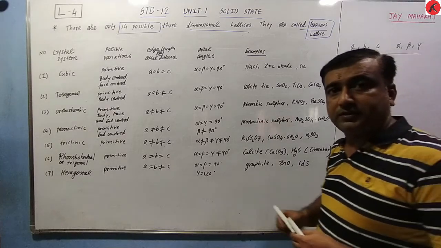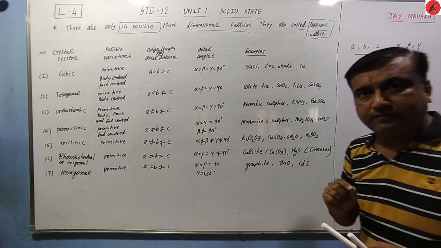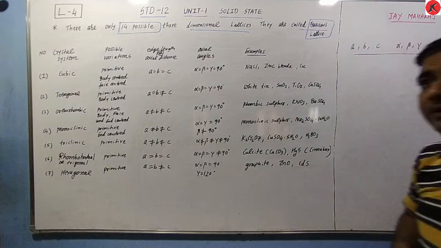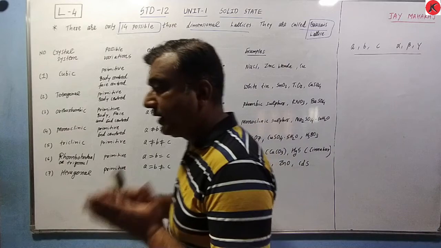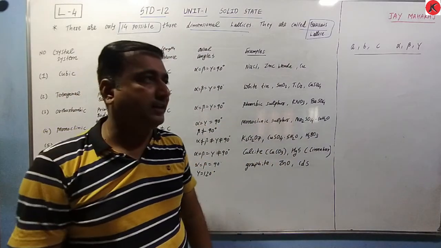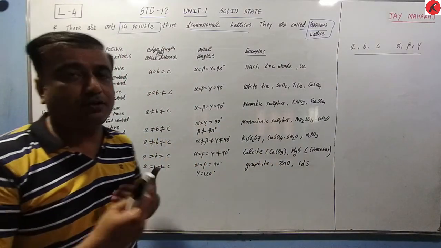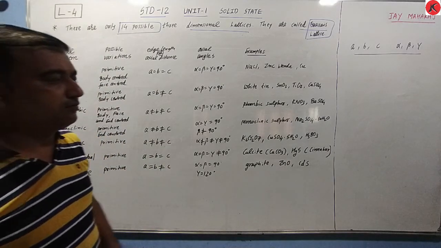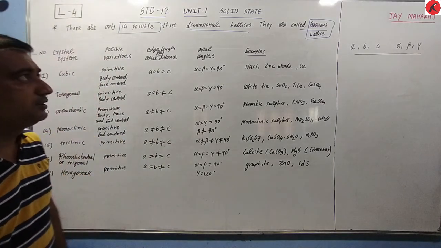Again, we discuss the crystal lattice, otherwise space lattice. That means the regular three-dimensional arrangement of the constituent particles, that means atoms, molecules, or ions, which is known as a crystal lattice.